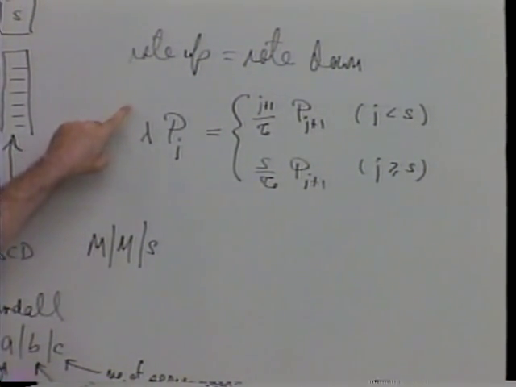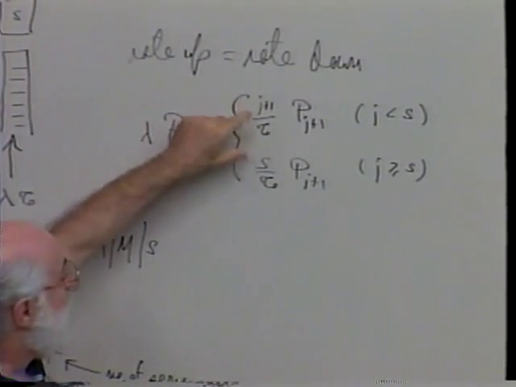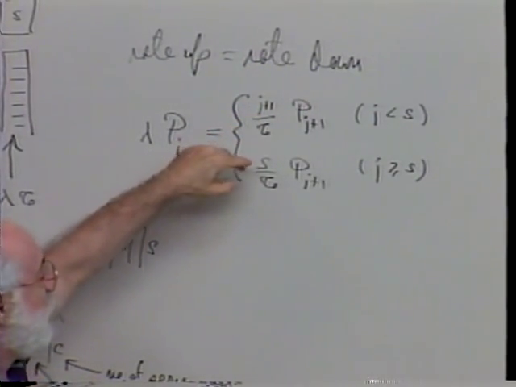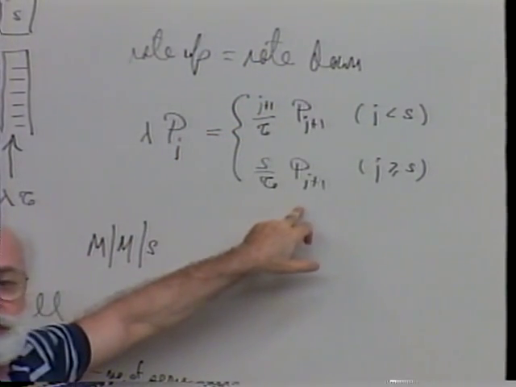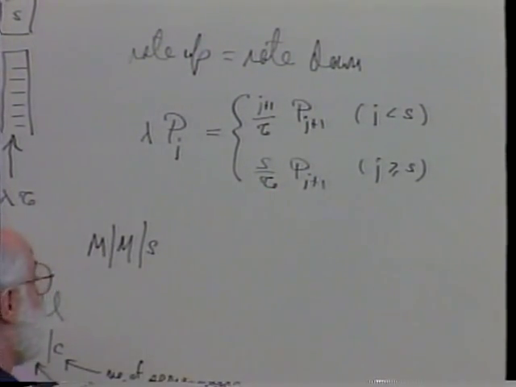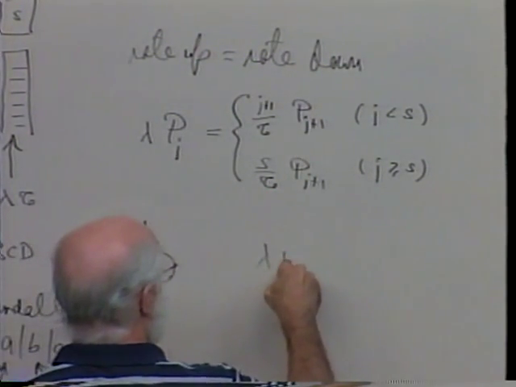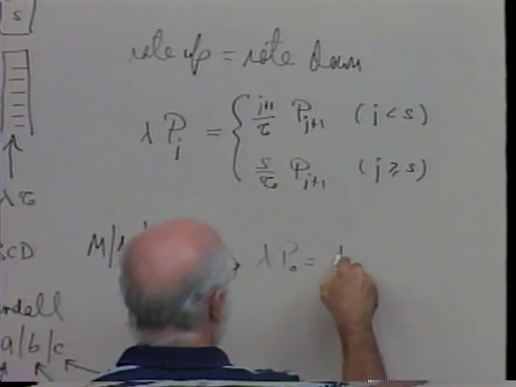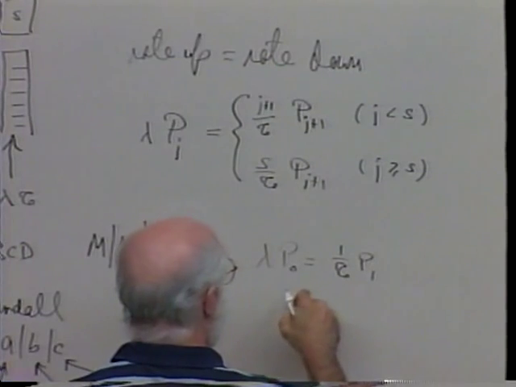So now I have rate up equals rate down, so I have two differences. One is that the rate down part of the equations change, and the other is that there's an infinite number of states. So now I can solve these equations. I mean, I could write them out. Lambda p0 is equal to 1 over tau p1.